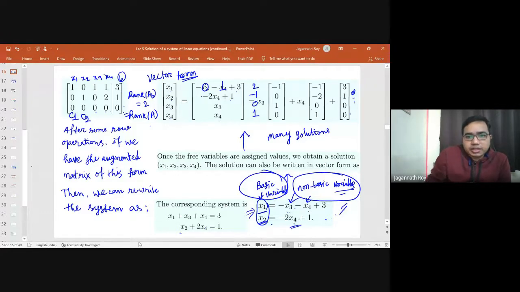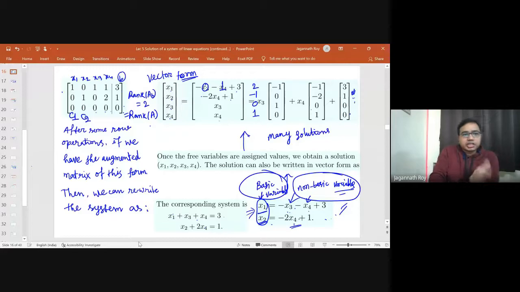In that case, x2 equals 2 plus x3, which we have taken as 0, plus x4, which we have taken as 1, so the result is 3. Left hand side, right hand side equal. For this case, it will be -1 and then +2, so this is again 1. A solution means it will satisfy the equations.